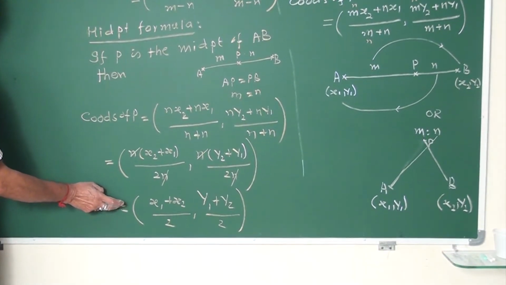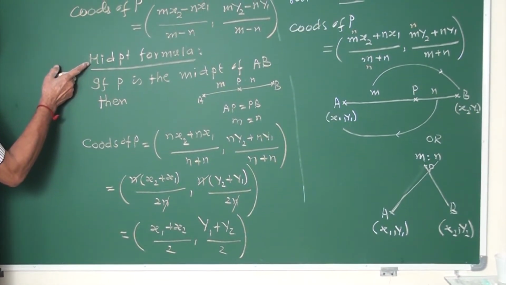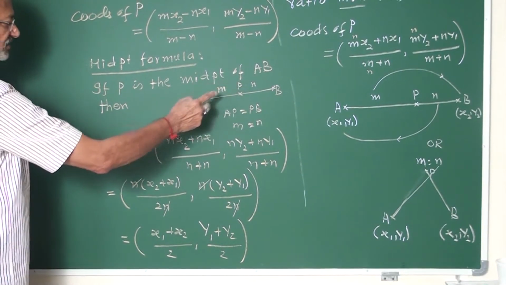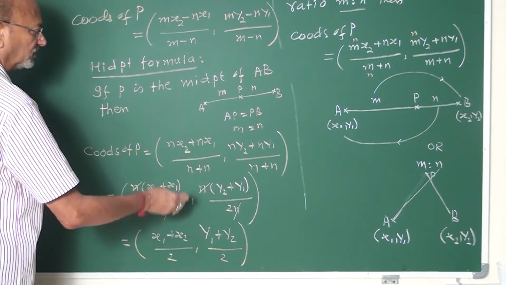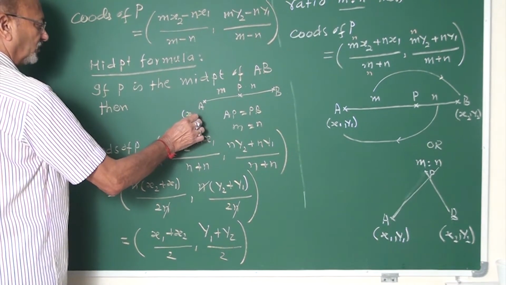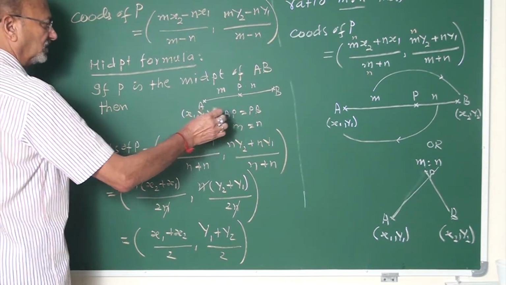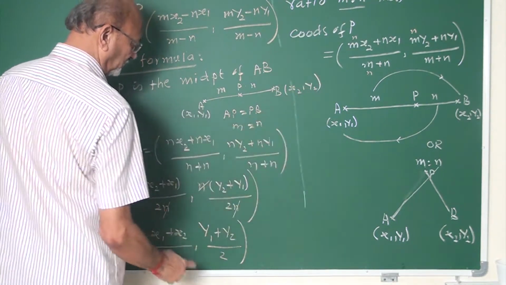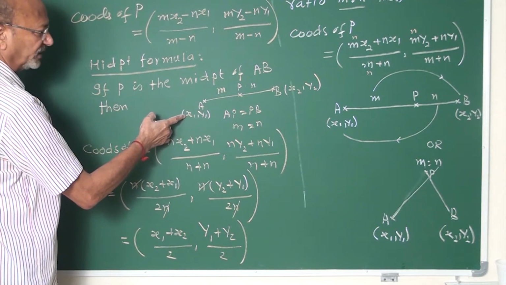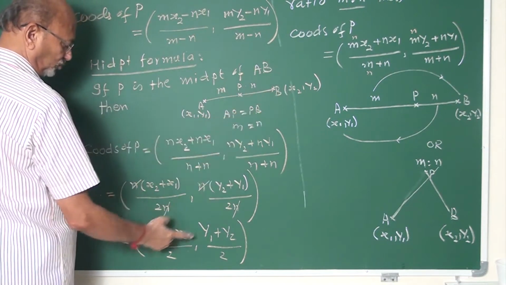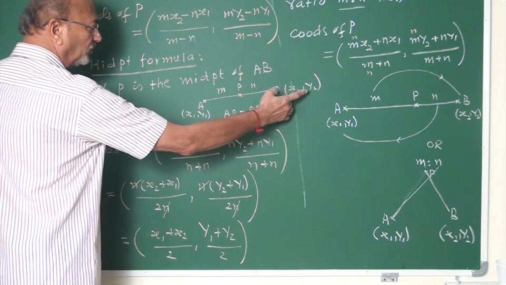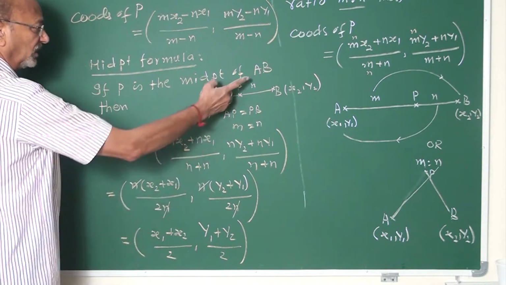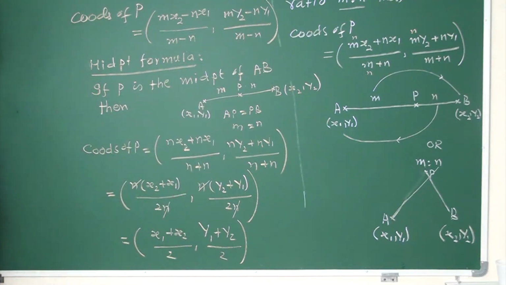My friends, this is known as the midpoint formula. This end is (x1, y1), this end is (x2, y2). The coordinates are x1 plus x2 upon 2, y1 plus y2 upon 2.